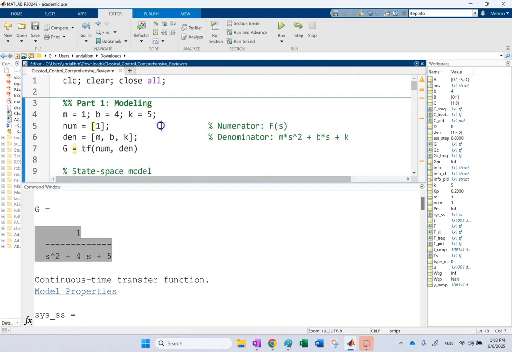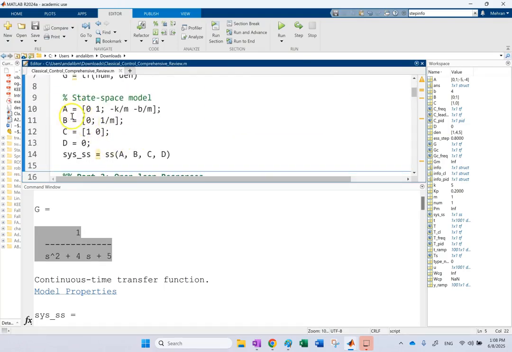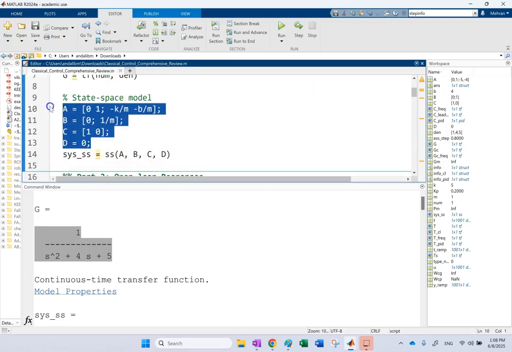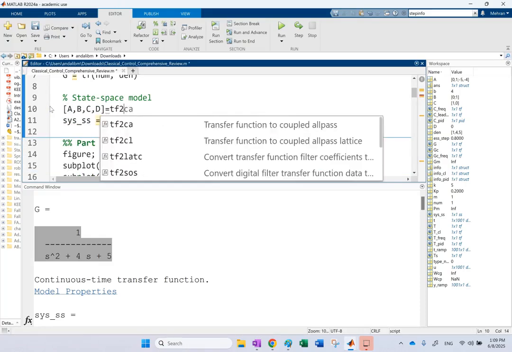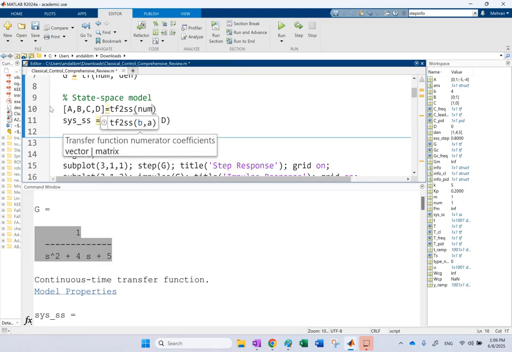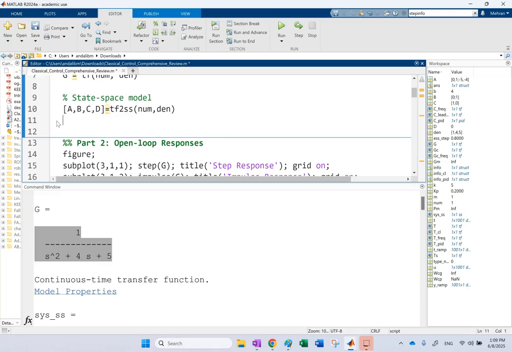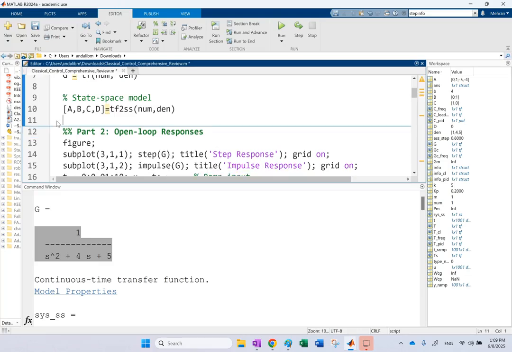Now, if you want to derive the A, B, C, D matrices from the transfer function, you can also do that. So instead of saying this, what you can say is basically matrices A and B and C and D are equal to transfer function to state space of numerator and denominator. And then this one will give you the matrices corresponding to that, right?